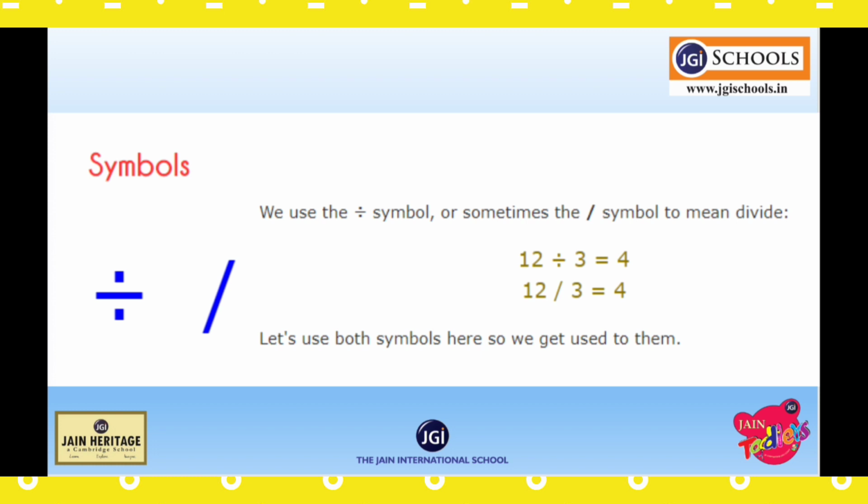It is also a symbol to divide. So we can write 12 divided by 3 with 2 dots and a middle line, and also by a slanting line. Okay.